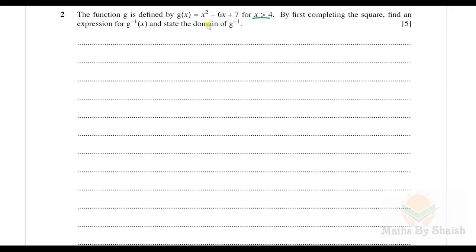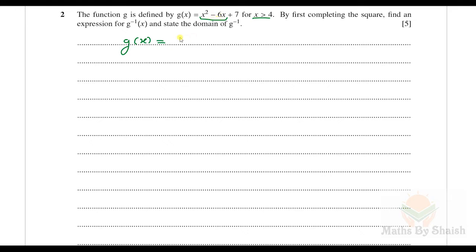First of all, we'll use the completing the square method to rewrite it. We can write g(x) as, and for the completing the square method we only require these two terms, the x² and the x coefficient. Here we can see it is 1x², so we don't have to take anything common. It depends only on the x coefficient, that is −6.